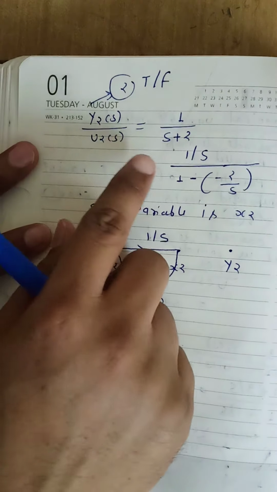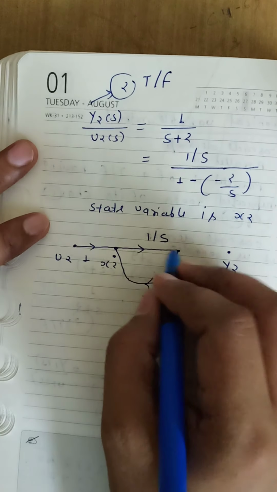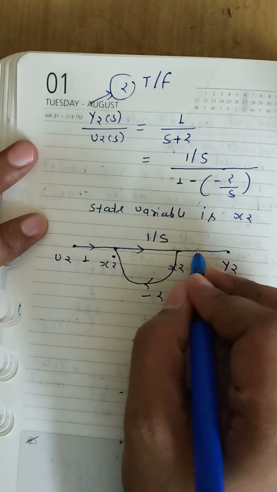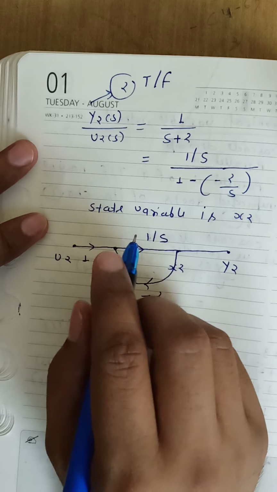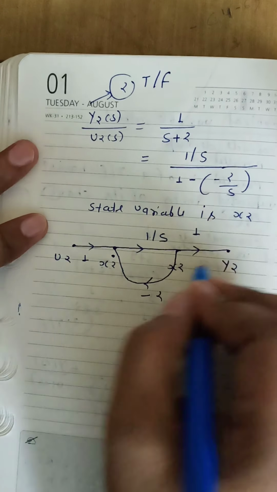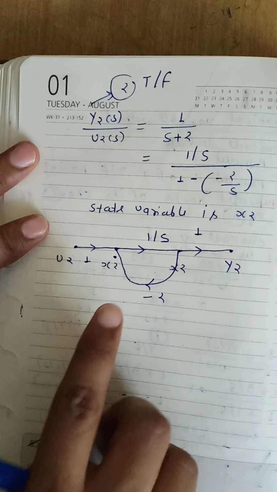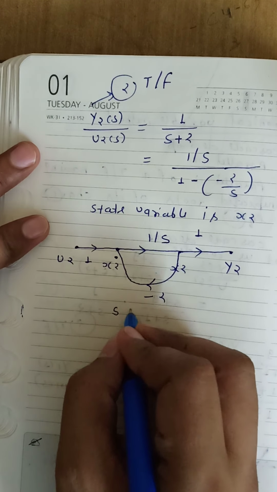And in the numerator polynomial we have only 1 by s. So we will multiply 1 by s with 1 to define a forward path gain. This is my state signal flow graph for the second transfer function.